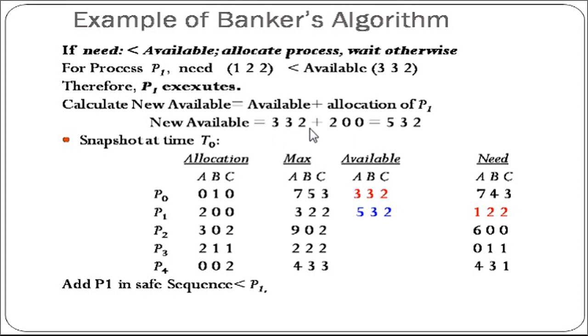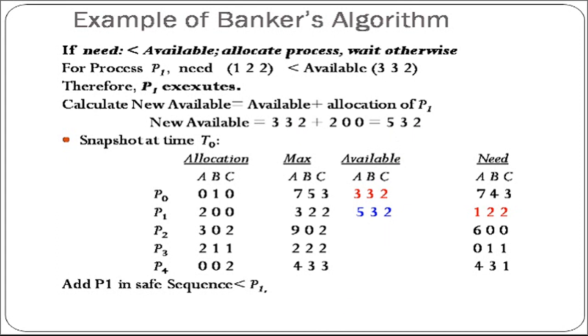Don't consider this as 332 or 232. It is 3 instances of type A separately, 3 instances of type B separately and 2 instances of type C separately. Now as P1 executes, the new available is equal to 532. We write it here using the blue color I have shown.